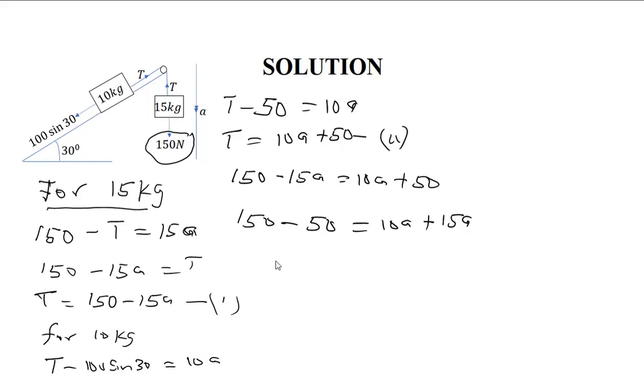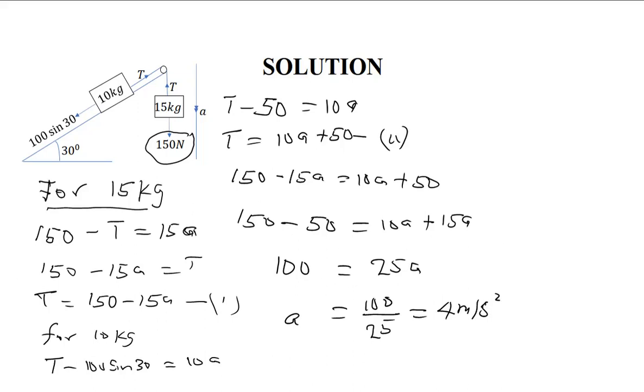So 150 minus 50 is 100, and 10A plus 15A is 25A. So A is 100 over 25, which is 4 meters per second squared. So the acceleration of the system is 4 meters per second squared.